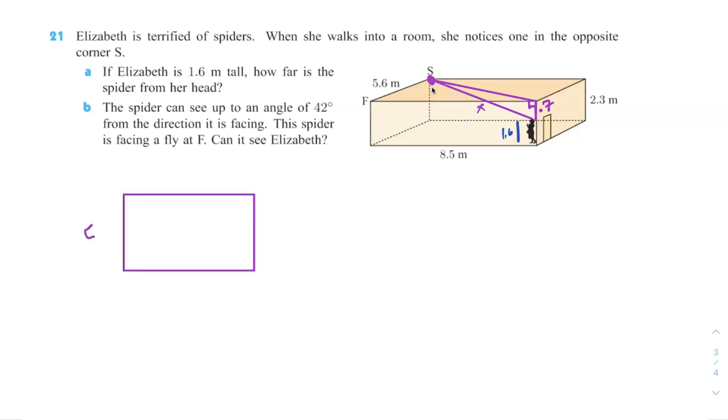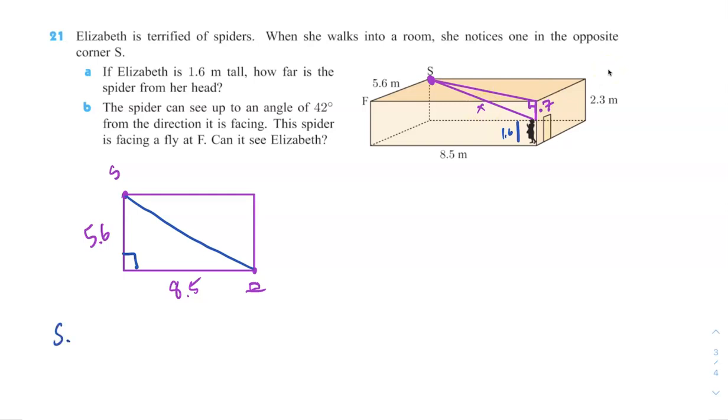This is 5.6, this is 8.5, this is the spider, this is her head. We're trying to find this one, because that's going to give us this value, which will help us get this value. And with no angle, we're just going to use the Pythagorean theorem.